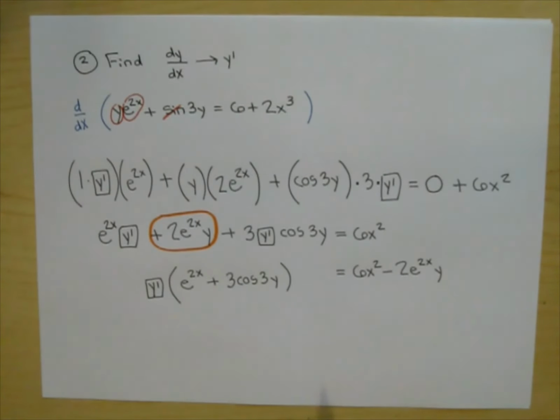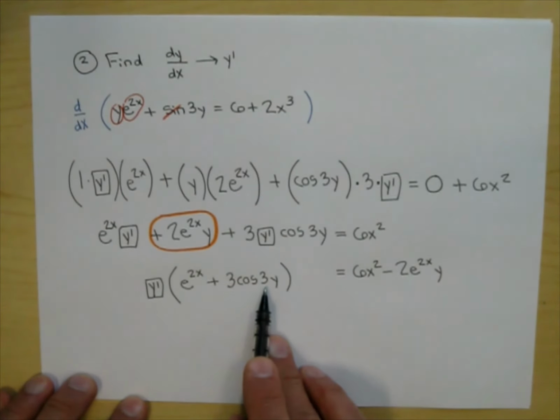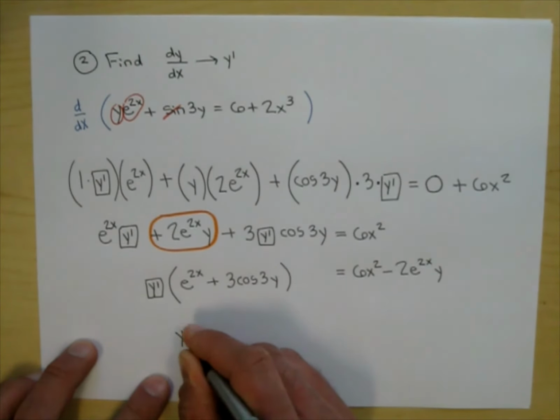Now what I'm going to do is divide both sides by this part right here, the e to the 2x plus 3 cosine 3y. So divide both sides by that, and I'll have an expression for y prime.